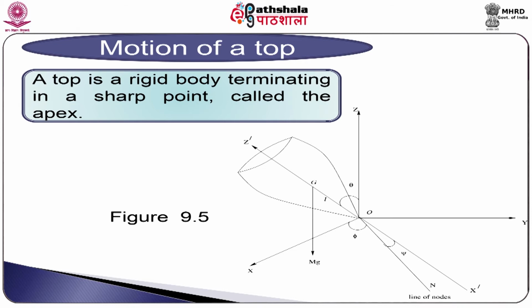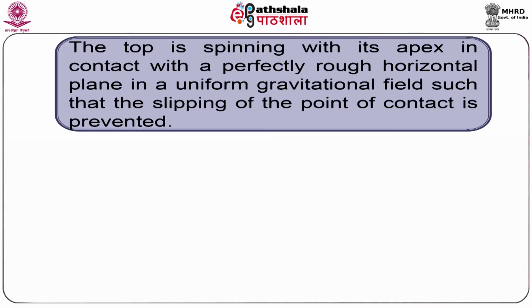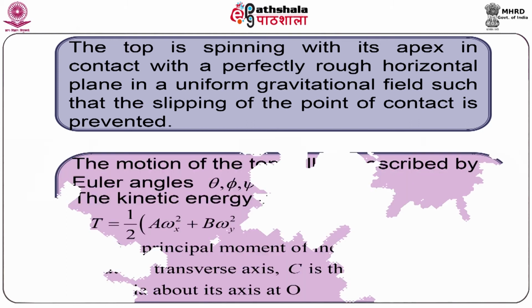So, the center of mass is on the axis and the fixed point is also on the axis of symmetry. We assume that the top is spinning with its apex in contact with a perfectly rough horizontal plane in a uniform gravitational field such that the slipping of the point of contact is prevented.